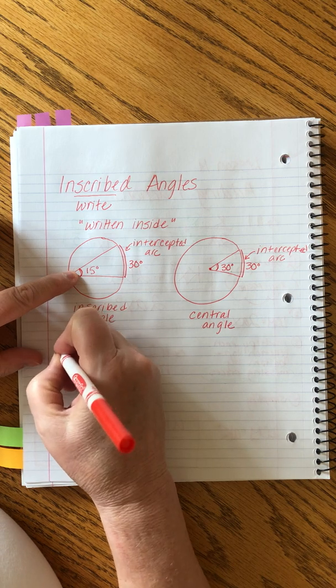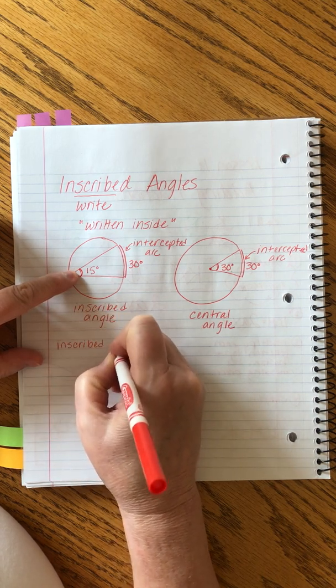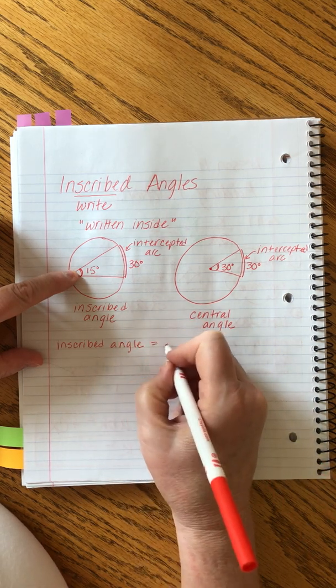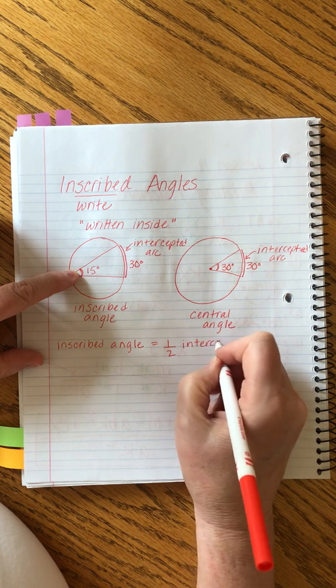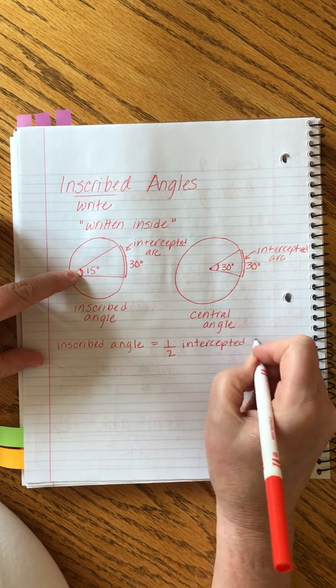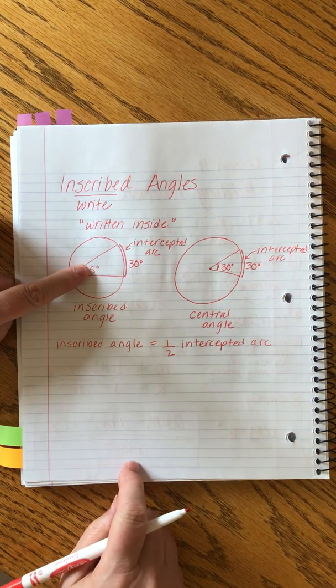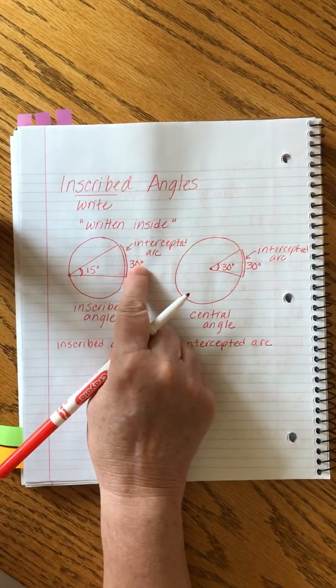We can say that the inscribed angle equals 1/2 the intercepted arc, right? The inscribed angle is half of the intercepted arc, right? 15 is half of 30.